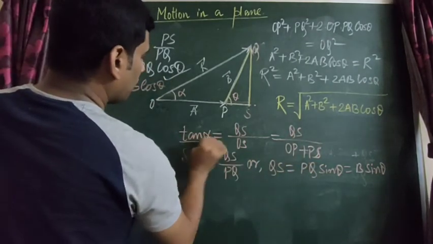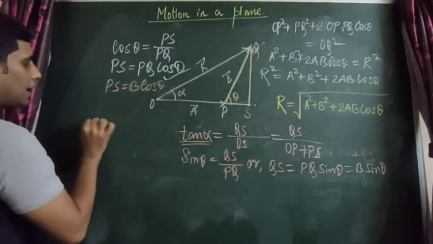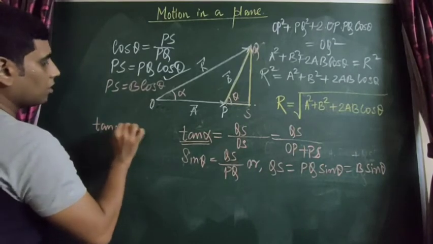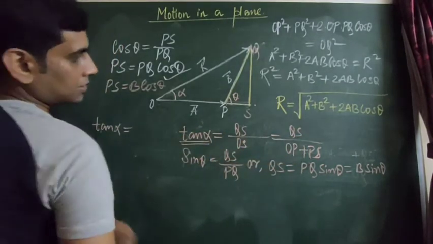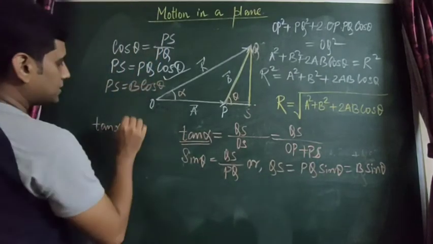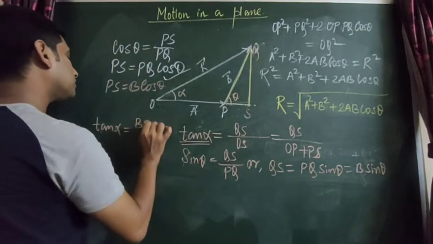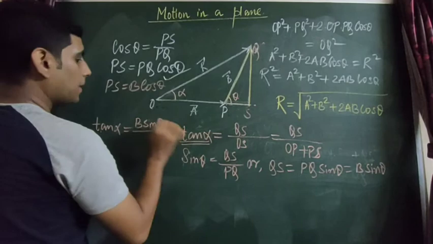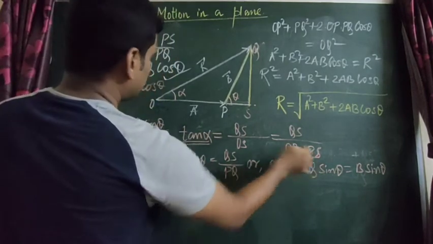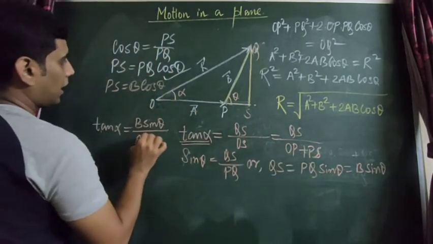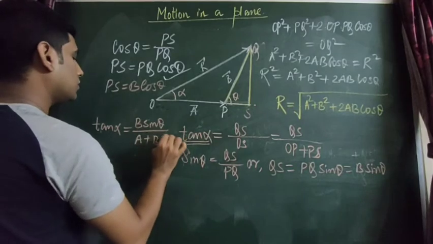So if I put the values here, we get tan alpha equals QS, which is B sin theta, divided by OP plus PS. OP means A and PS means B cos theta.